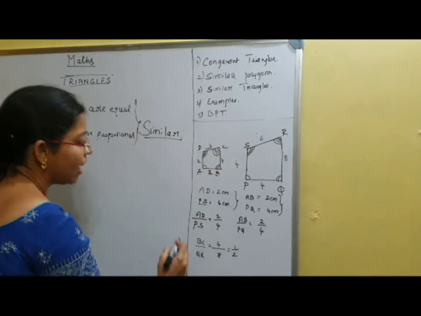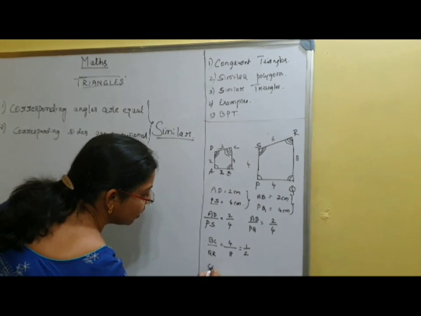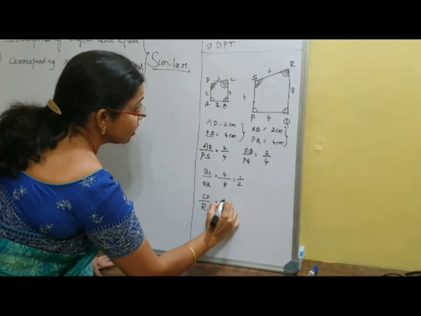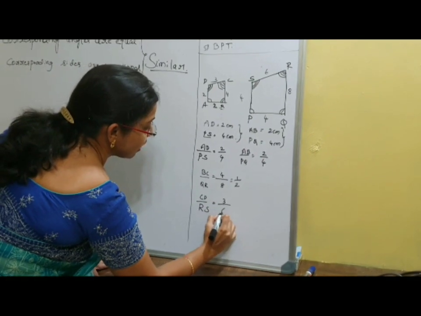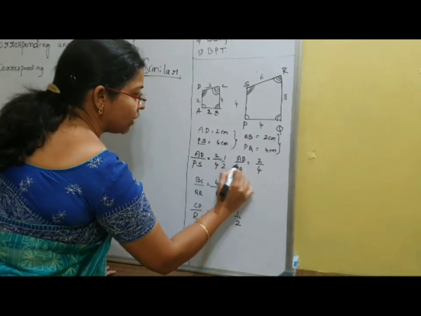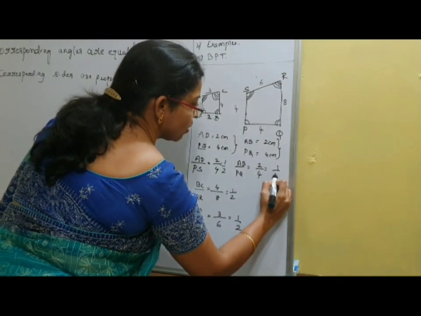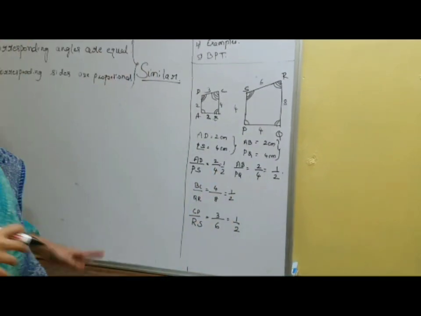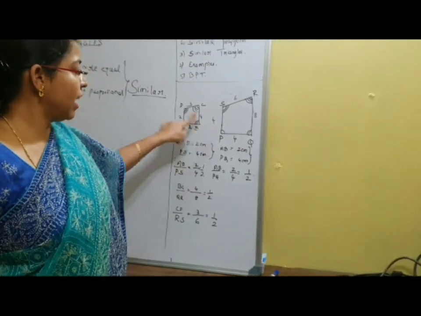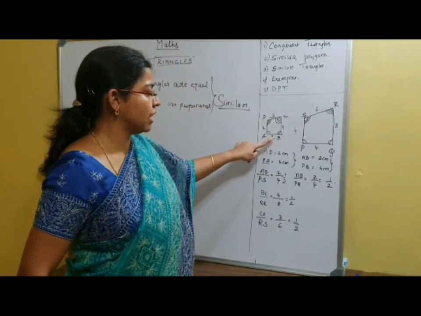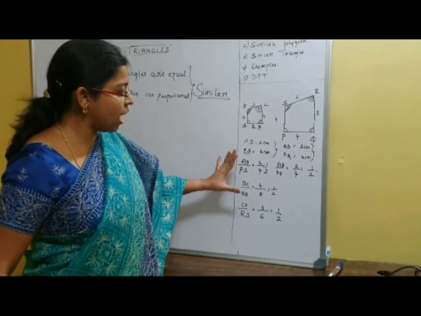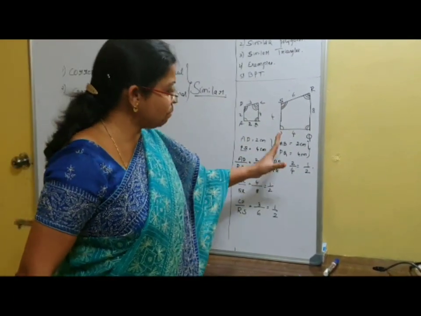Then consider the last pair of sides, CD by RS, 3 by 6, which is again 1 by 2. So this reduces to 1 by 2, and AB by PQ also reduces to 1 by 2. So here we see that quadrilateral PQRS is enlarged when compared to ABCD proportionally, that is, their corresponding sides are increased in the same ratio.